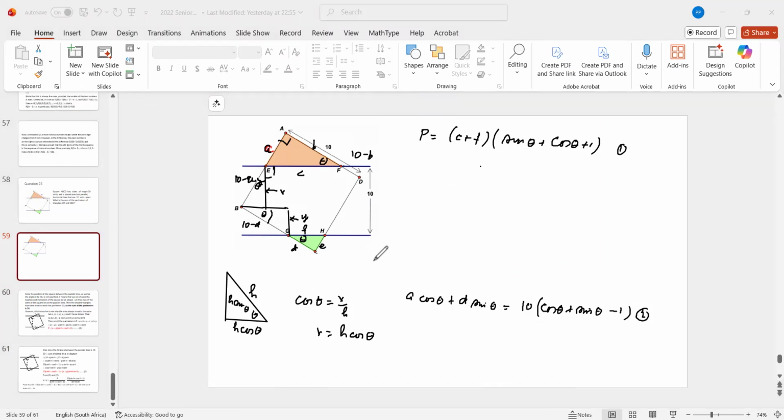Remember what A was, right? I'm going to replace the A and the D. The A is C sine theta, right? So what you've got here is, I'm going to put down here 10 into cos theta plus sine theta minus 1 equals A cos theta plus D sine theta.